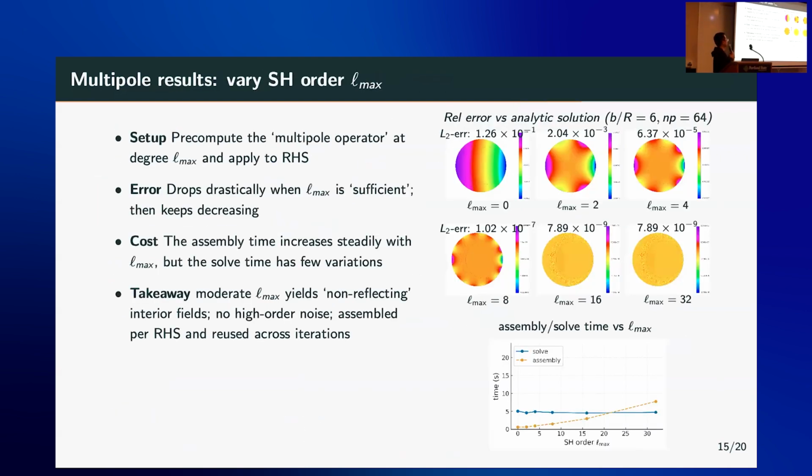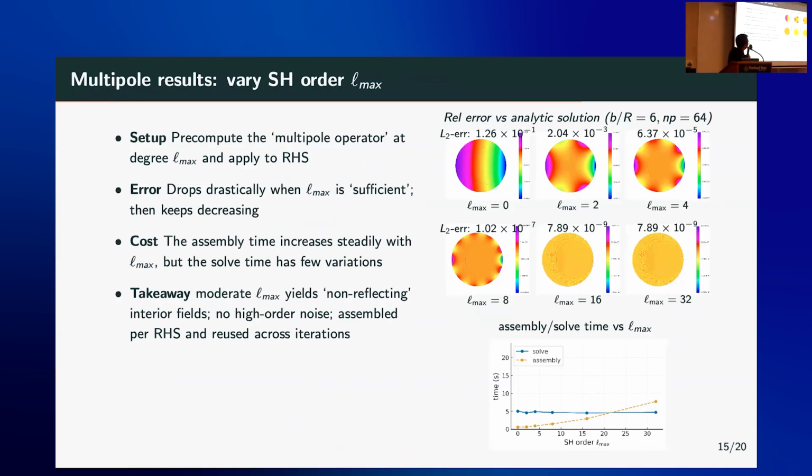And we try this method on our sample problems. We fix a cutoff degree, and we find that the error also drops quite drastically. But a big difference of this method with DtN is that assembly time increases in a non-trivial way.